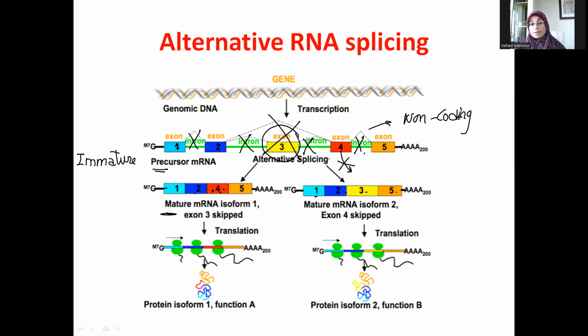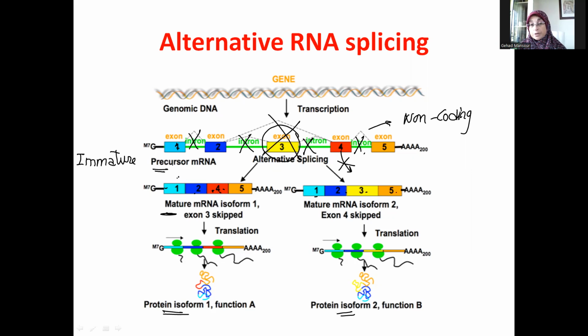So at the end of the day, even after adding the cap at the 5' end and the polyadenine tail at the 3' end, we have 2 very close messenger RNA isoforms, isoform 1 and isoform 2, and they are translated into 2 different proteins, labeled here isoform 1 and isoform 2. It's true that they are not exactly similar, because they result from translation of different exons.